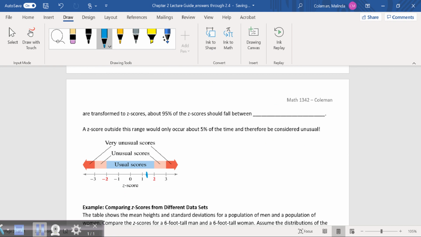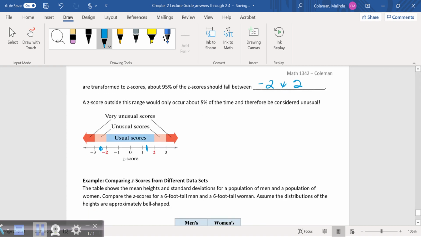If I can't count exactly the 1 standard deviation either direction, then where are these values? What do they look like? The same thing here. What does this value look like? So being able to convert things from X scores from your data to a Z score is going to allow us to do that. About 95% of the Z scores then are going to fall between -2 and +2. So now we're going to actually see the position that they are according to the standard deviation rather than the actual X value.